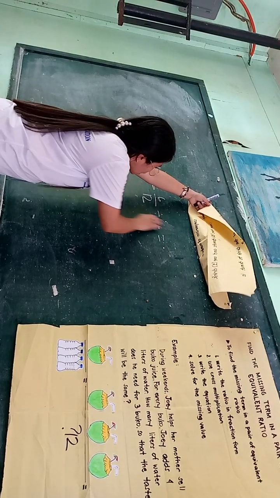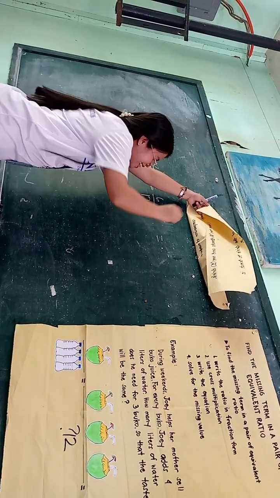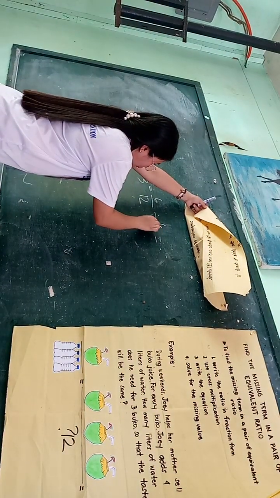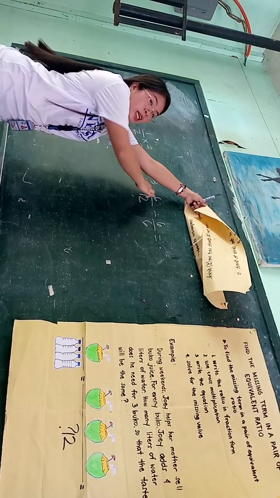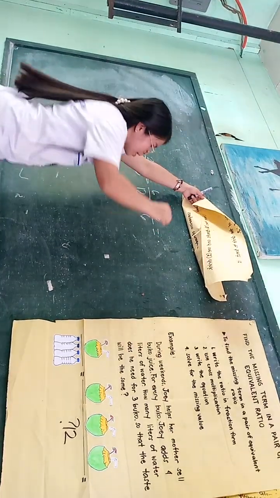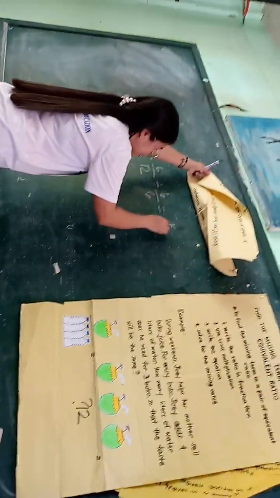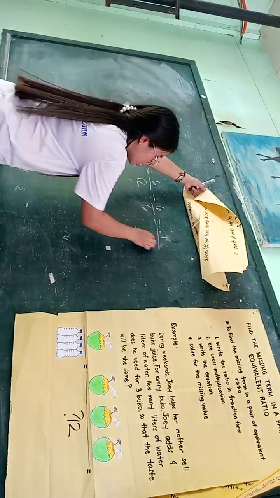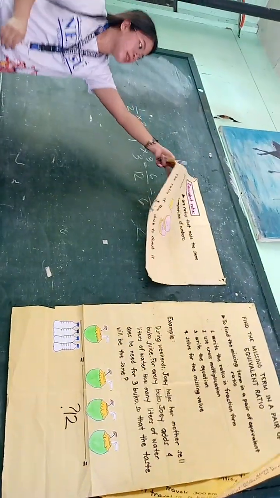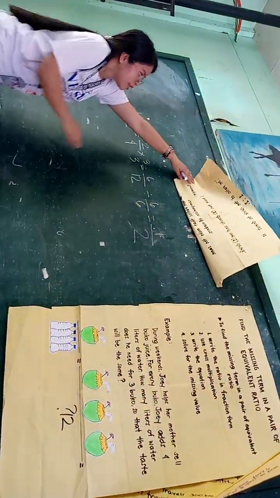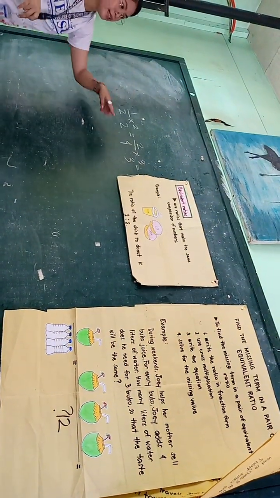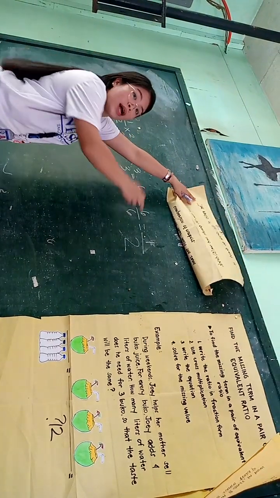The greatest common factor is 6. So 6 divided by 6 is 1, and 12 divided by 6 is 2, giving one half. We can say that it is an equivalent ratio because whatever number we multiply, one half is equal to one half.